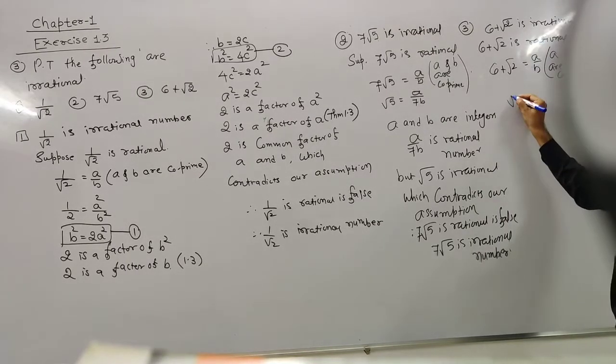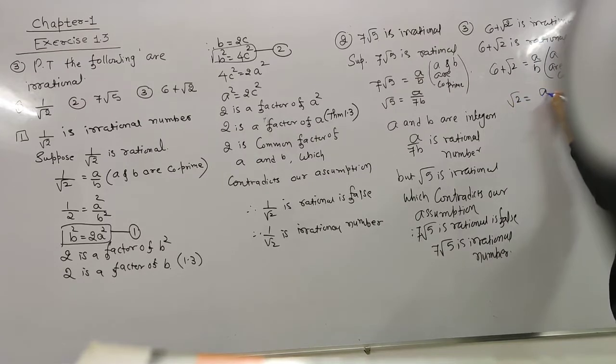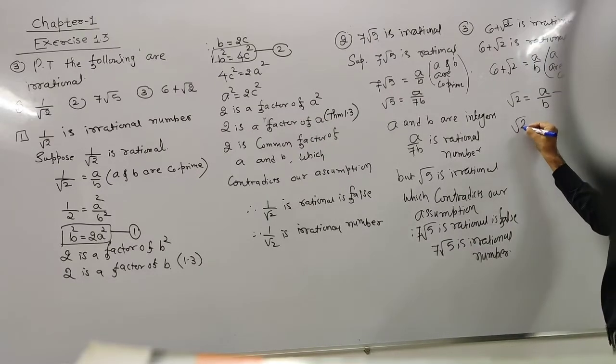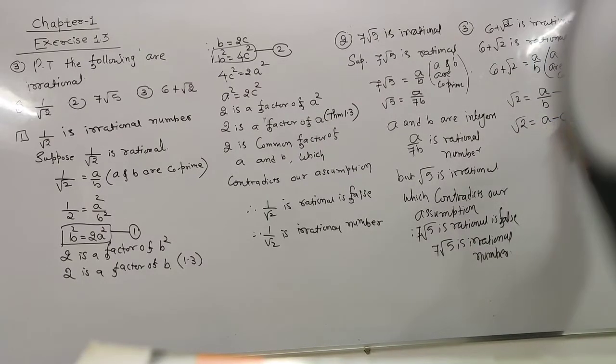So we can write root 2 is equal to a upon b minus 6. So root 2 is equal to a minus 6b upon b. Here you know a and b are integers. Therefore a minus 6b upon b is rational.